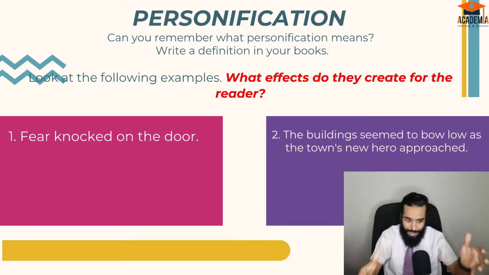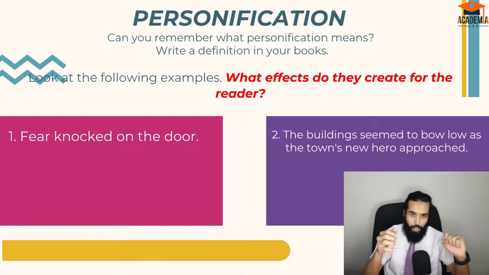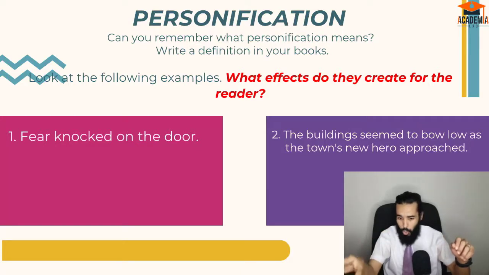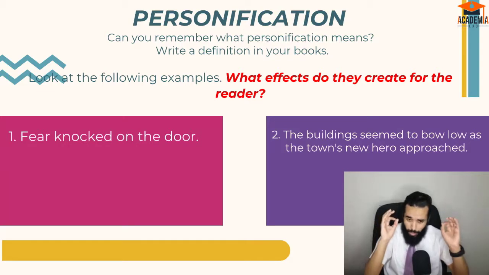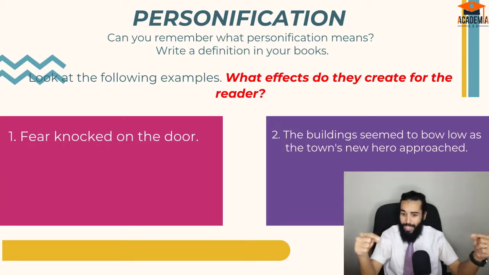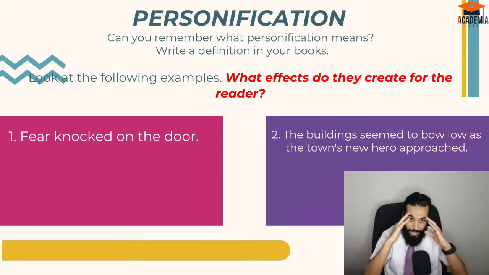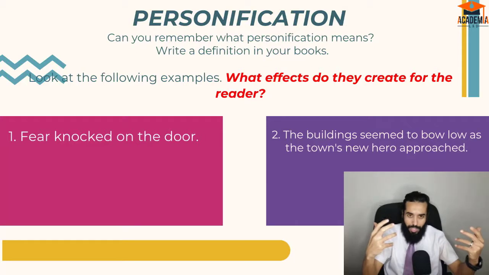We've got 2 examples. One of them is: Faye knocked on the door. And the second example: the building seemed to bow low as the town's new hero approached. Okay, now what effects do they create for the reader? I want you to read these 2 sentences separately, and I want you to think and feel the effect that they create, do you understand?